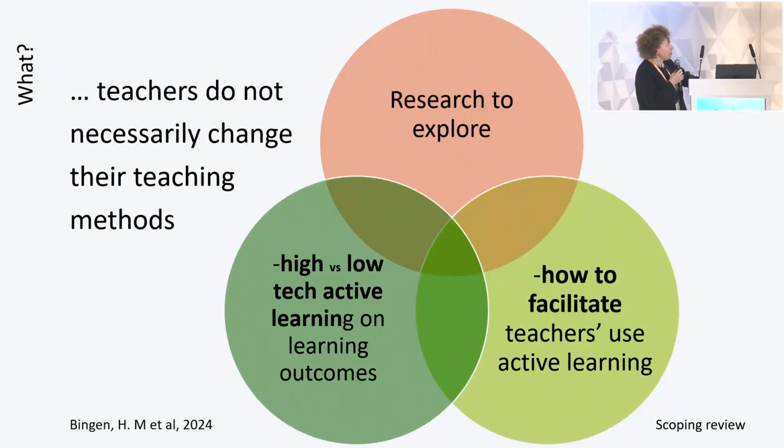active learning. This is a scoping review from 2024, and there is still a need for research to explore the predominance or not of high versus low technology in active learning, and how we can best support teachers and educators to use active learning.